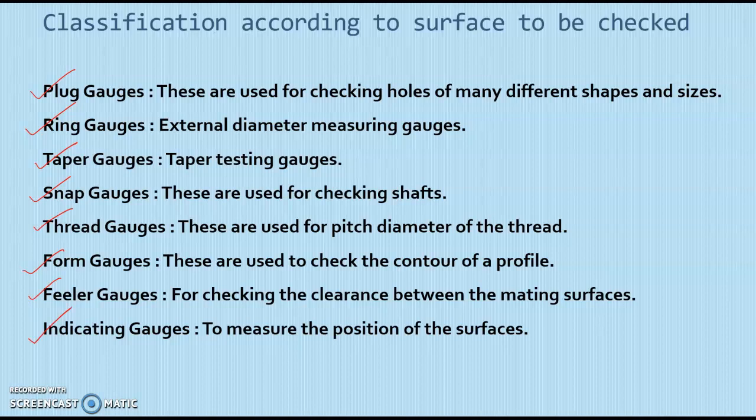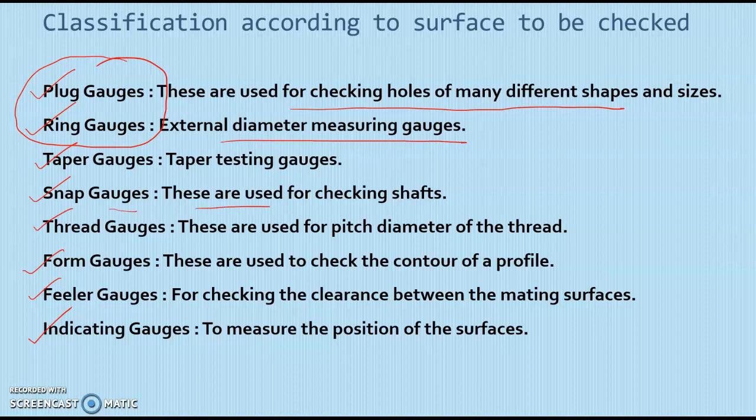Of these, two are very important. Plug gauges are used for checking holes, and ring gauges are used for checking external diameters. Similarly, snap gauges are also used for measuring external features. Ring gauges are limited to checking round cylindrical shafts only, but snap gauges can be used for other cross sections, such as rectangular or square shafts.